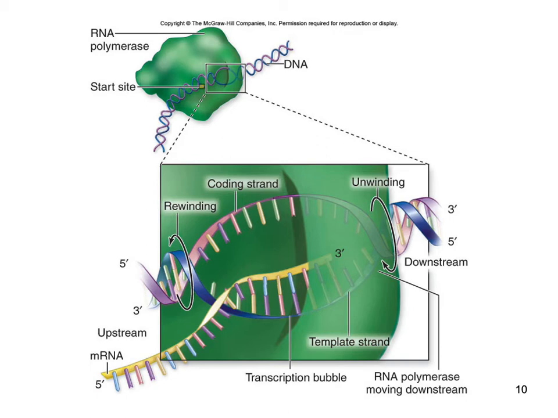And just as the RNA polymerase did in the previous chapter, when it sees a C, it puts an RNA G nucleotide. When it sees an A, it puts an RNA U nucleotide. G, C, A, U, T, A. And it creates a complementary copy of the gene of interest.